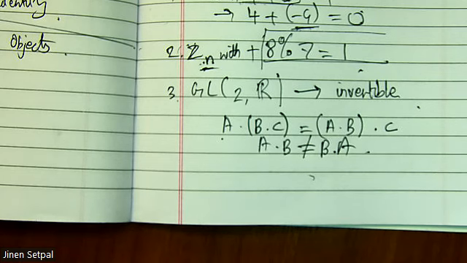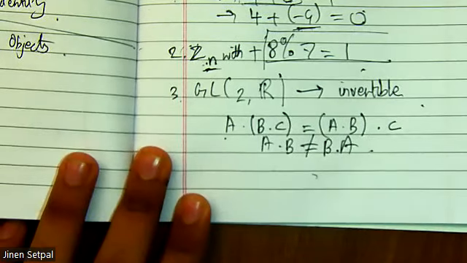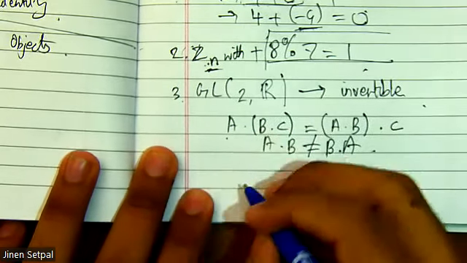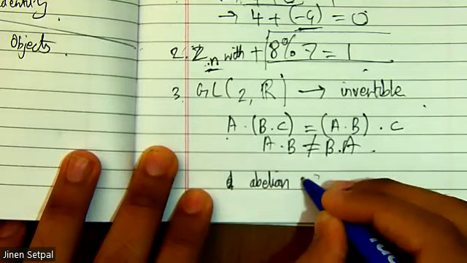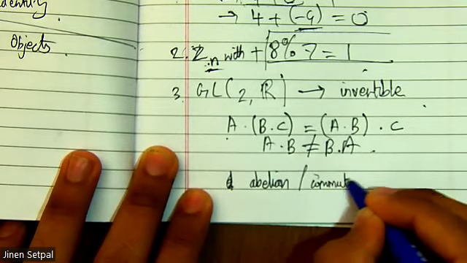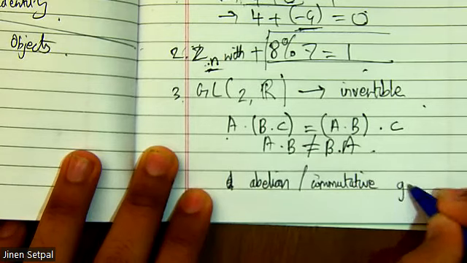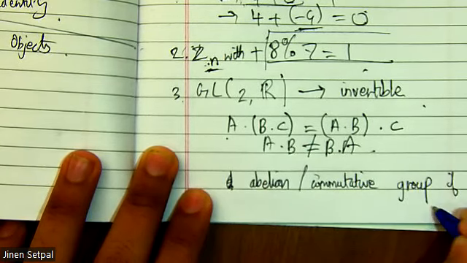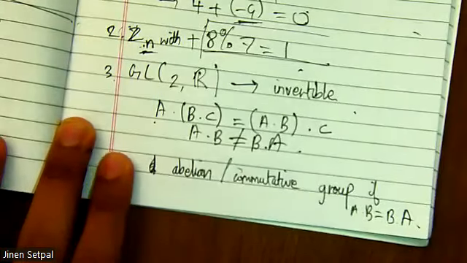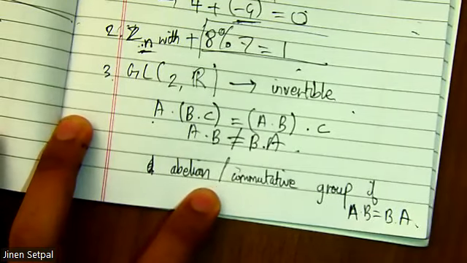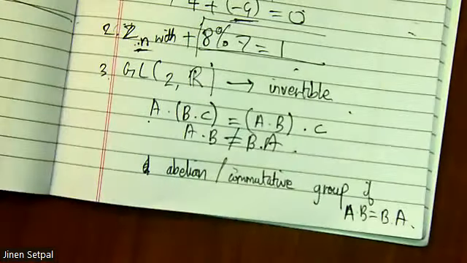And if it does satisfy the commutative property, in that case, it is called an abelian group or a commutative group, if A dot B is equal to B dot A. Okay, so that concludes our discussion for the first algebraic structure.